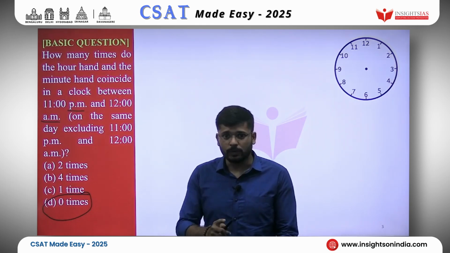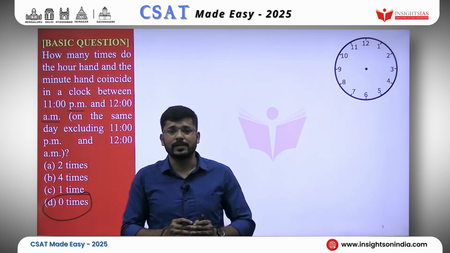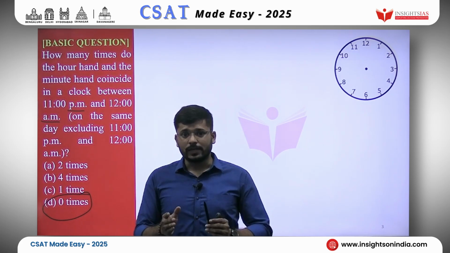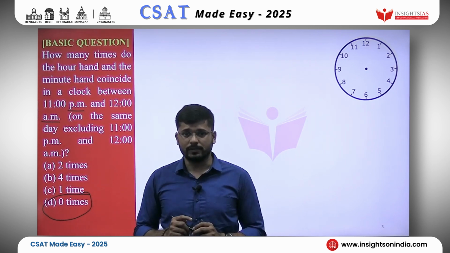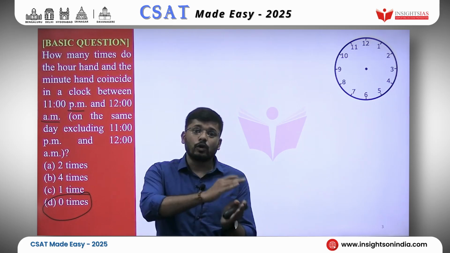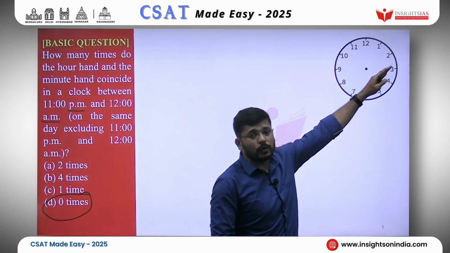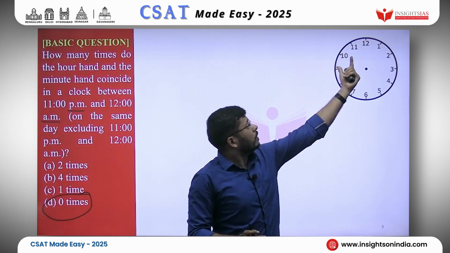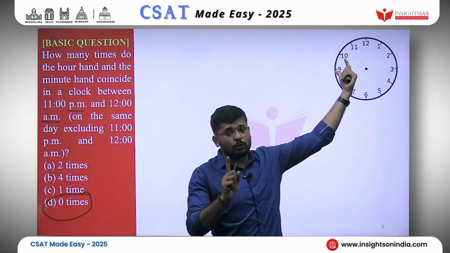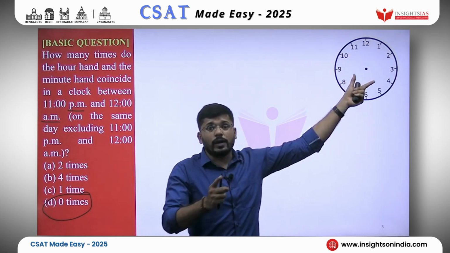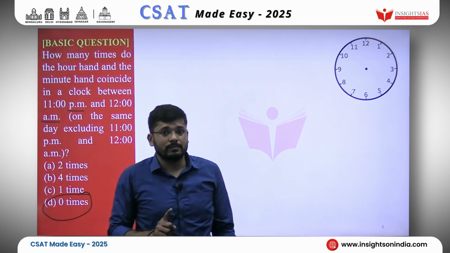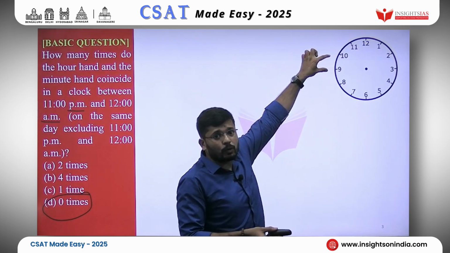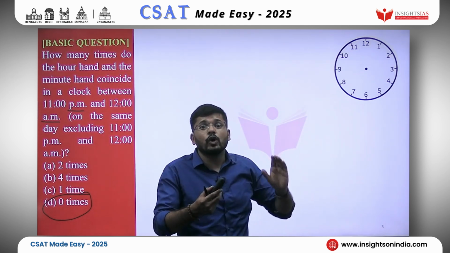Why? Because I told you in the previous problem that between 1 o'clock and 11 o'clock, the hour hand and the minute hand coincide between every 2 consecutive hours only once. Earlier, between 8 and 9 they would be coinciding once, between 9 and 10 once, and between 10 and 11 once.